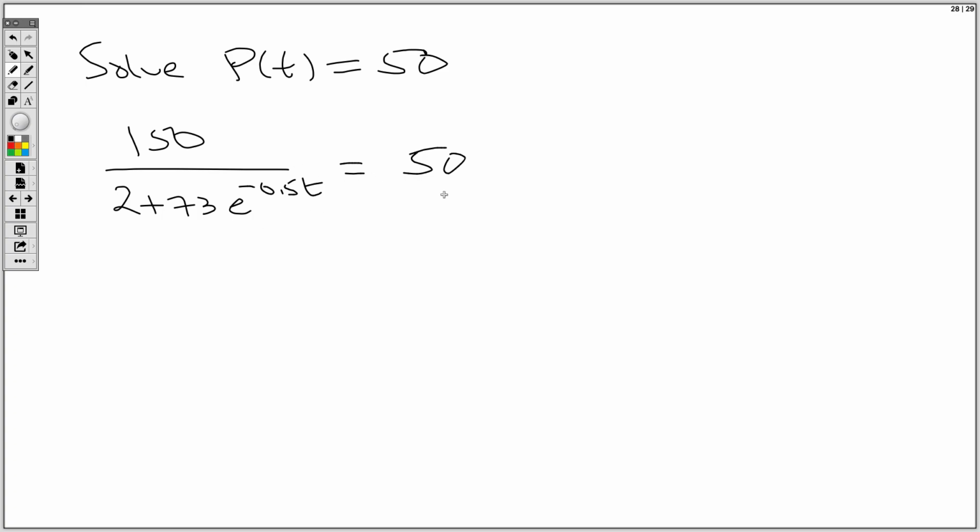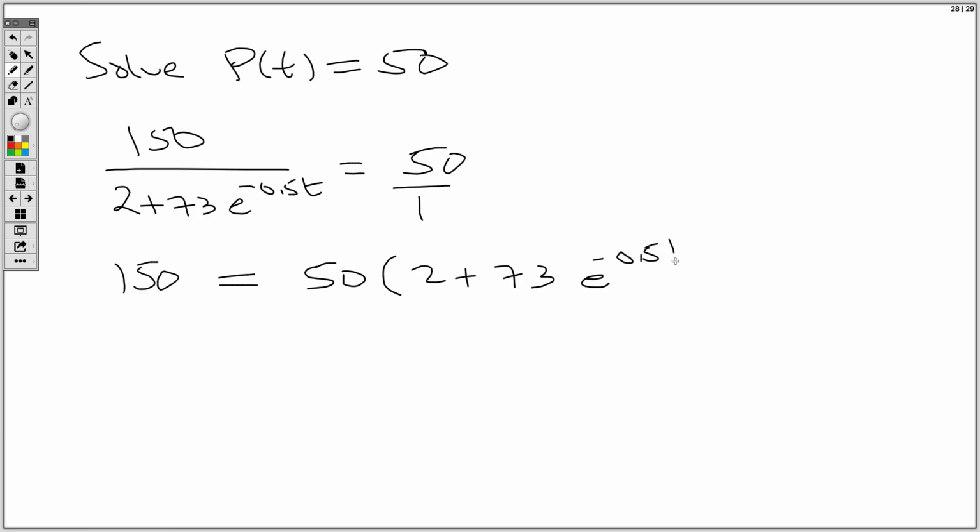So we can do that by multiplying both sides by the 2 plus 73 e to the minus 0.5t, or you could do the cross multiplication thing that all the cool kids are doing these days. Like that. And then we can distribute.